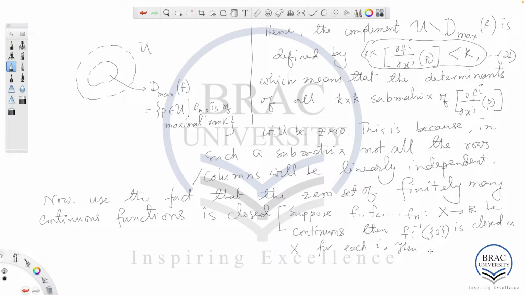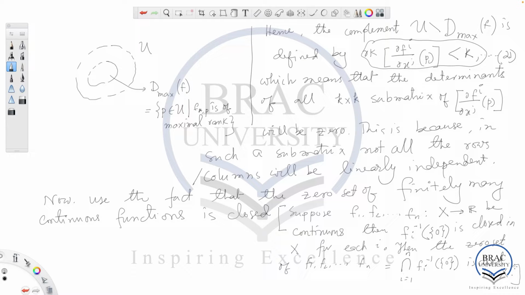Then the zero set of f1, f2 all the way up to fn, the common zero set of all these n functions, is equal to the intersection of all these sets, and this is closed in X. Okay, good.